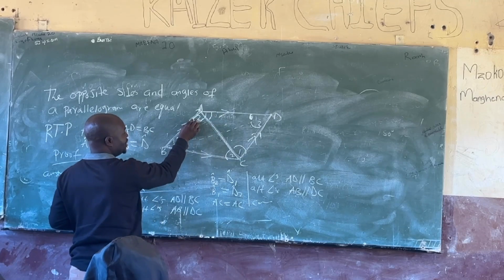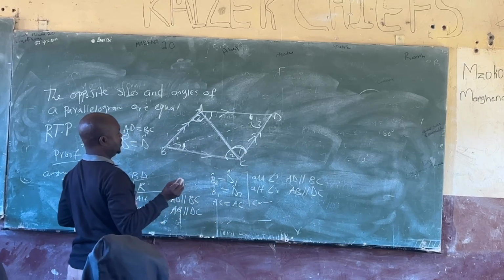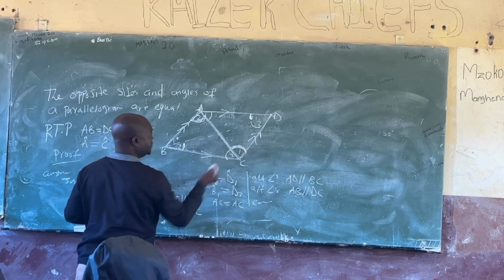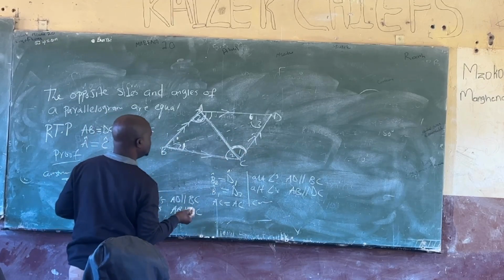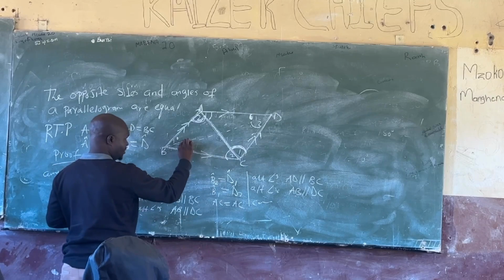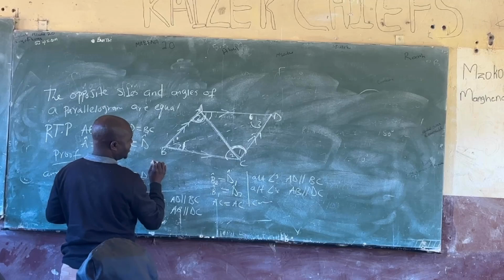Everyone, you said it was this angle. Also done. Yeah? This angle. It was this angle. And then? And again, you said which angle? This angle. And then? You said it was what?